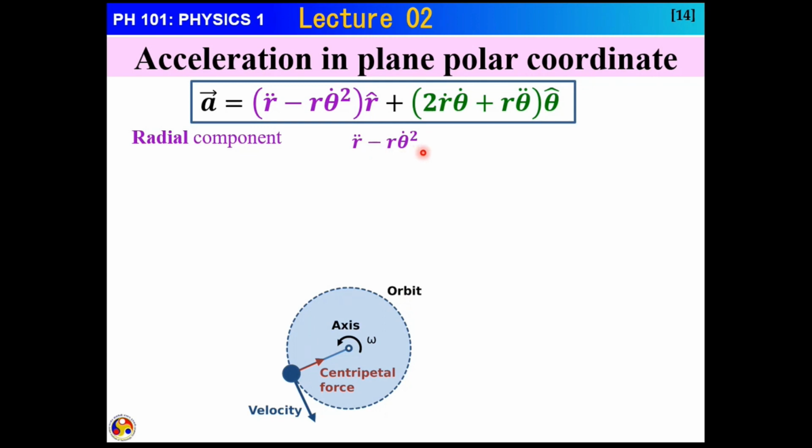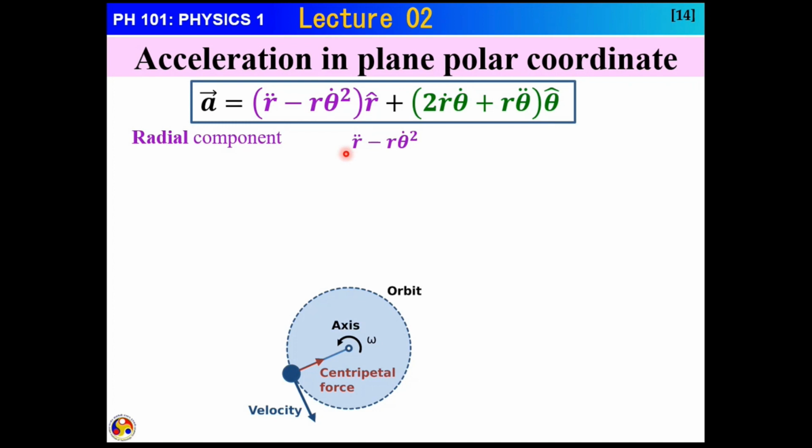R double dot is very clear: if the distance from the origin is changing at some accelerated rate, then that is the contribution in the radial direction. So if the particle is moving away from the origin with some acceleration, this is the meaning of that.